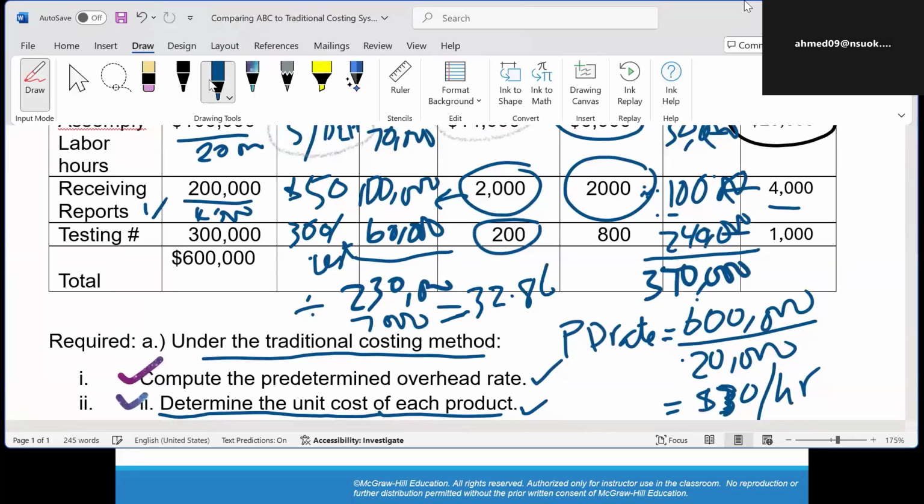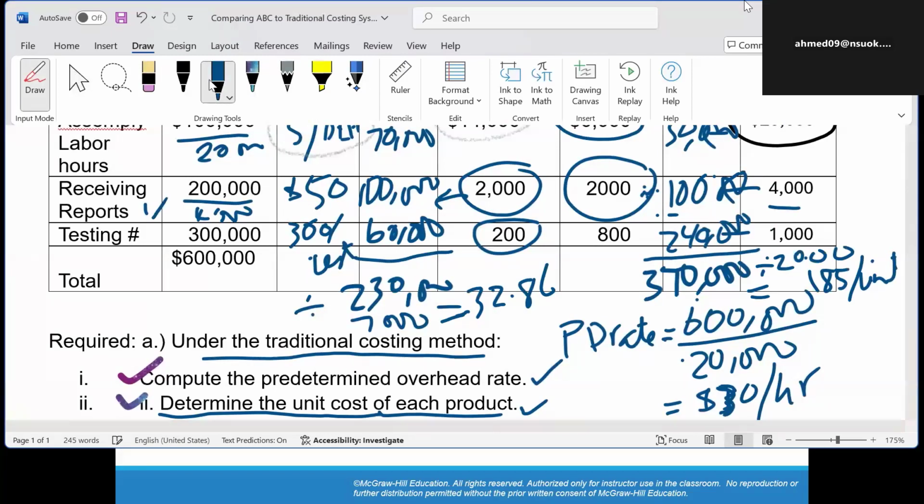And this one, when I divide by 2,000, gives me 185. The other one was also per unit. So we calculated per unit.